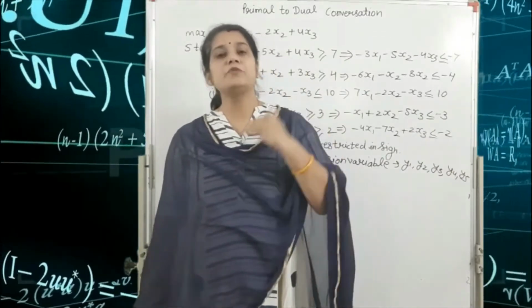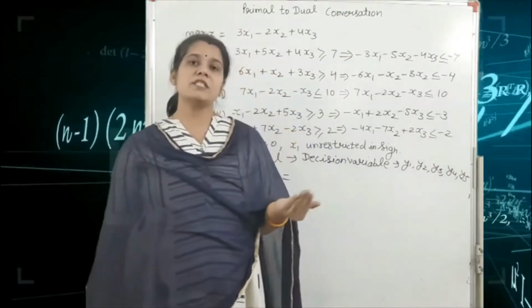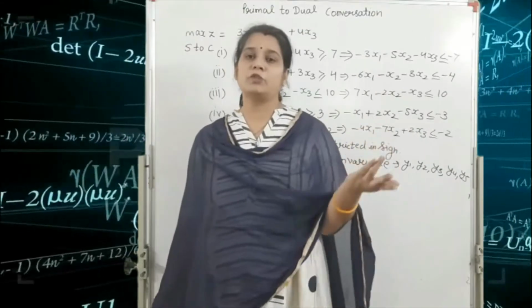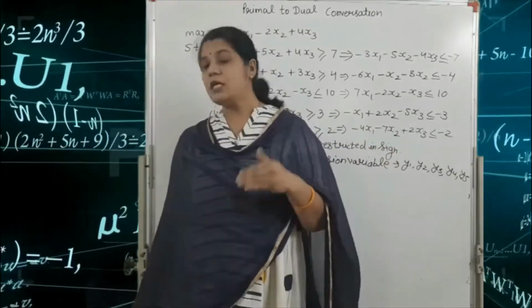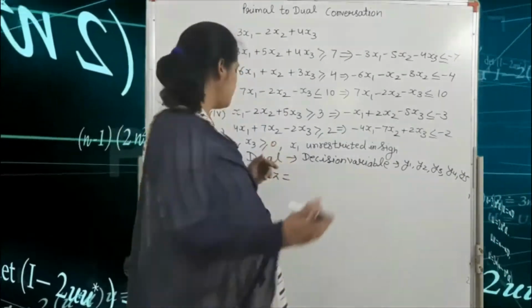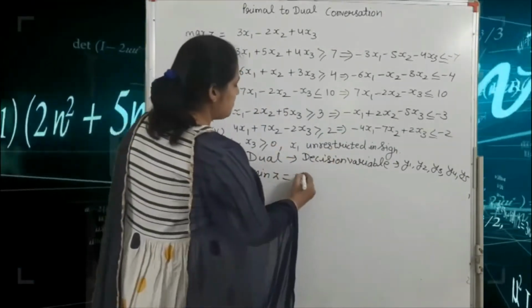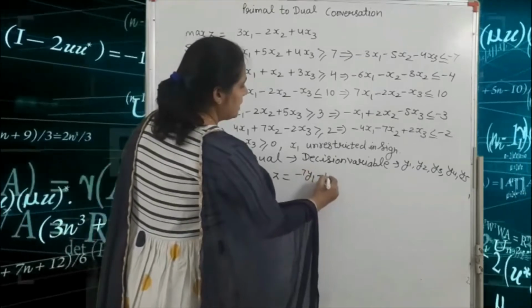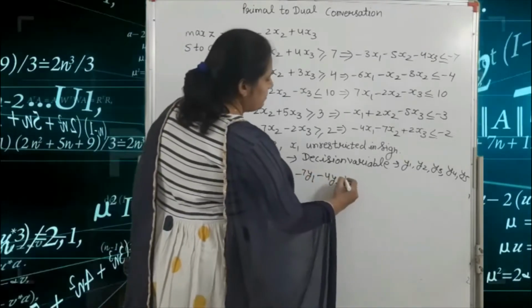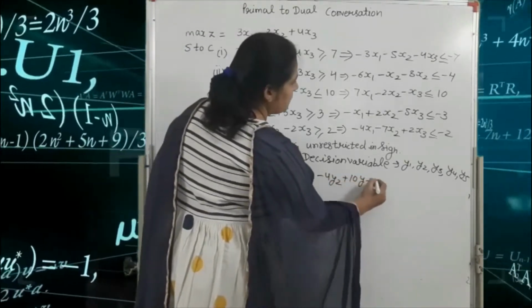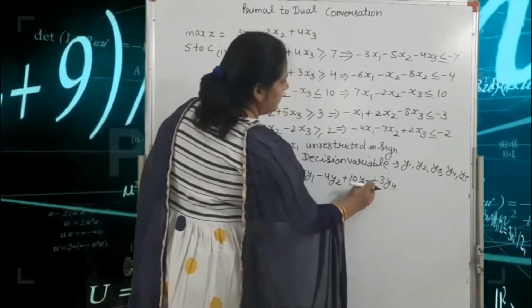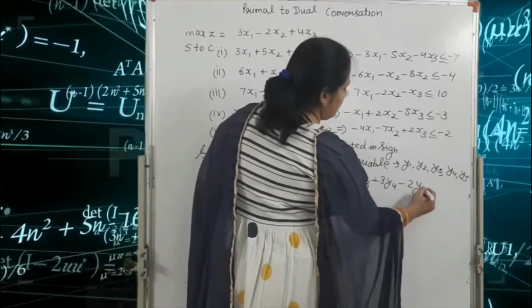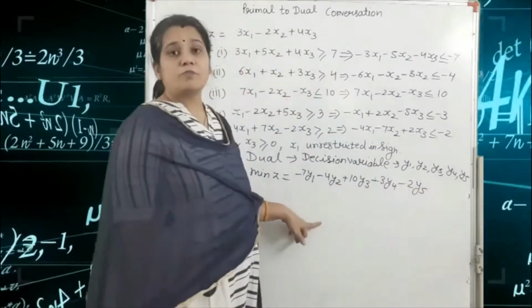So according to the property, your subject to constraint equation converts into the objective function form, and your objective function converts into the subject to constraint equation. Okay, so minimize z is what? Minus 7y1 minus 4y2 plus 10y3 minus 3y4 and minus 2y5. This is your objective function.